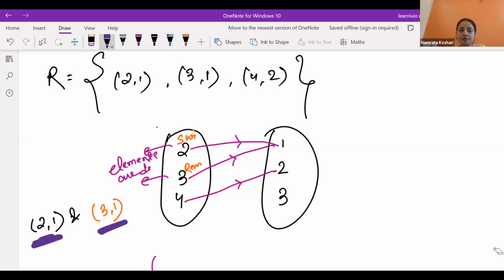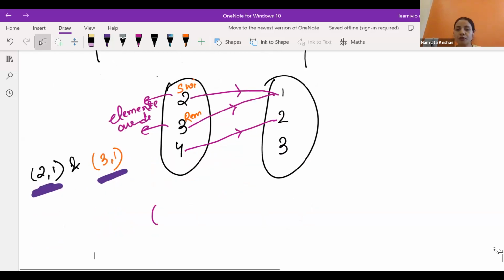Yes or no? Yes, ma'am. It must not have the same first element. Is the first element the same? No. Then it is a function. The definition of a function says two distinct ordered pairs cannot have the same first element. So these are the only two rules.